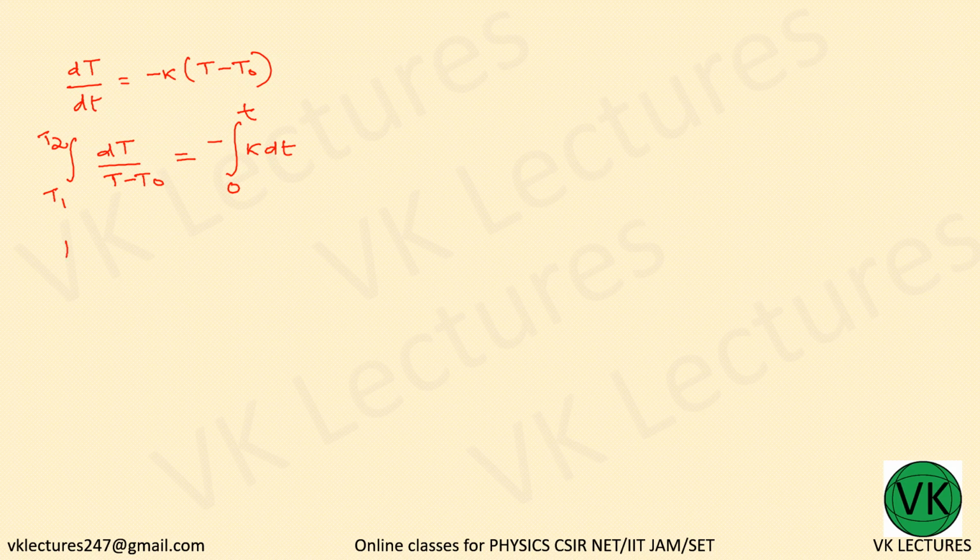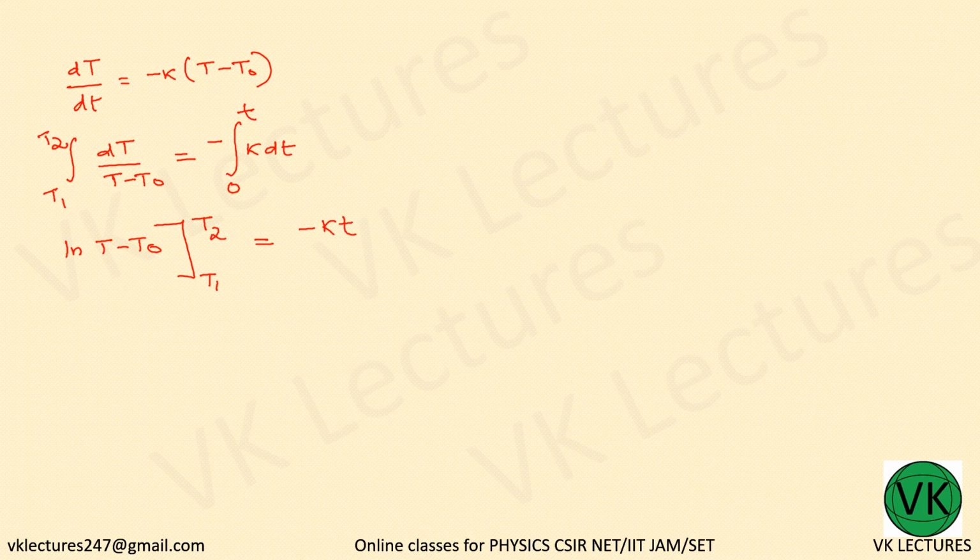Now if I write log of T minus T naught from T1 to T2 it is equal to minus kt. Here I don't need to write c because this is a definite integral. Limits are given, so it is a definite integral.